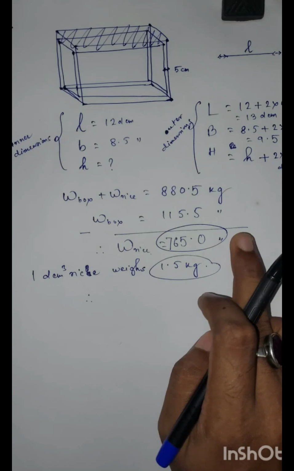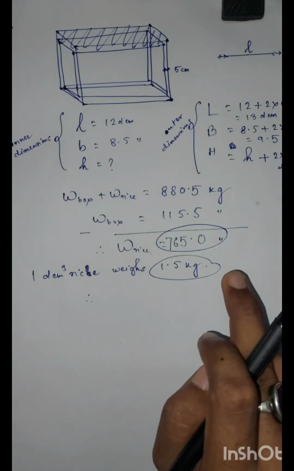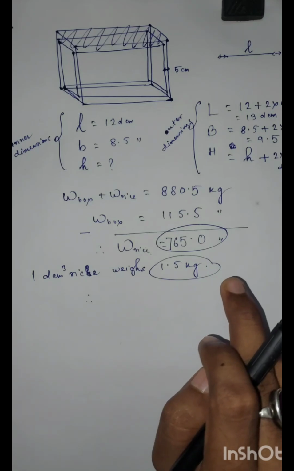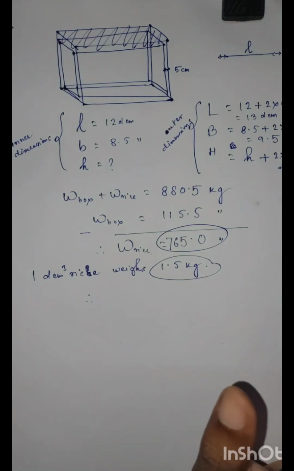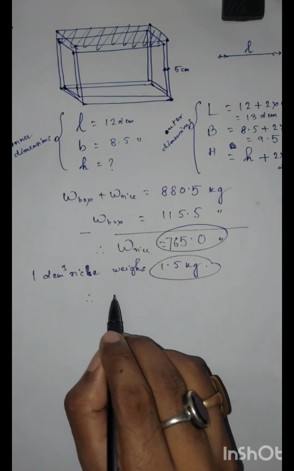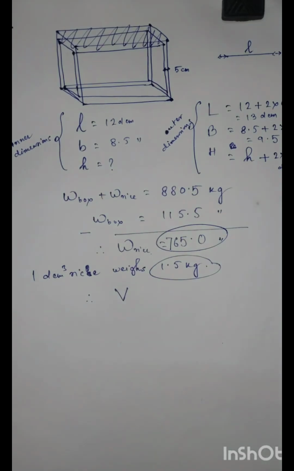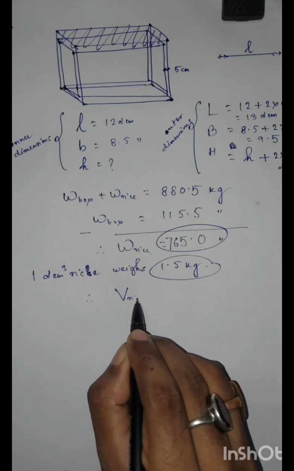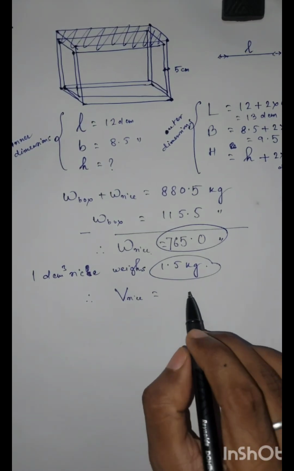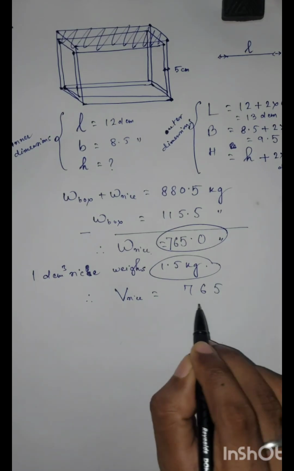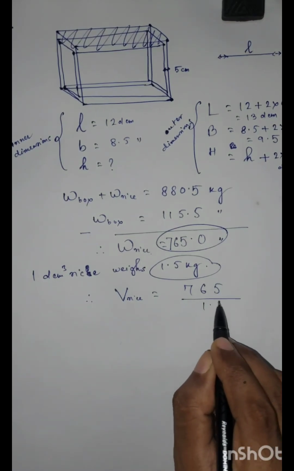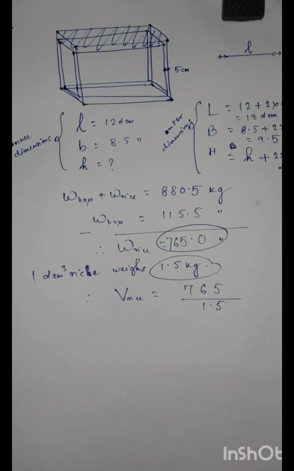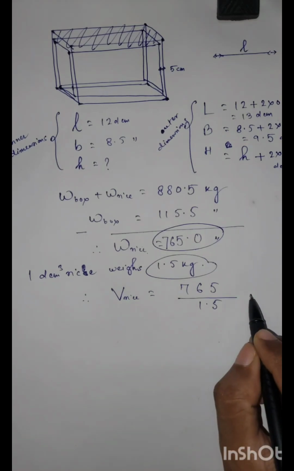So when total mass is divided by the mass of unit volume, it gives us the volume. So the volume of rice is equal to 510 dcm cube.